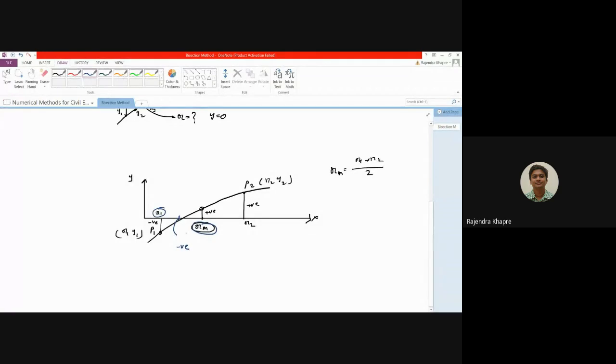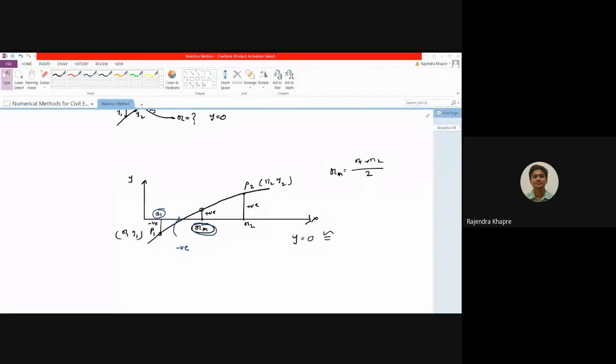We have to keep on repeating this process until the value of y becomes 0, or is very close to 0. This process involves a lot of iterations, and it totally depends on what values of x you are assuming. Now, just for the sake of understanding, let us take a simple example.